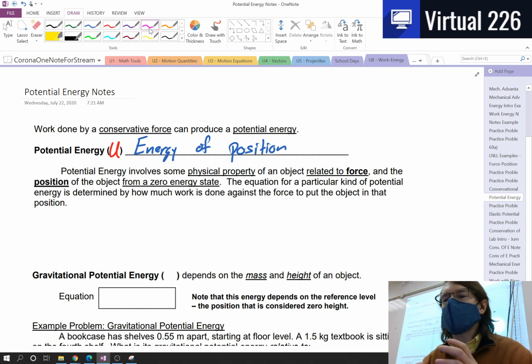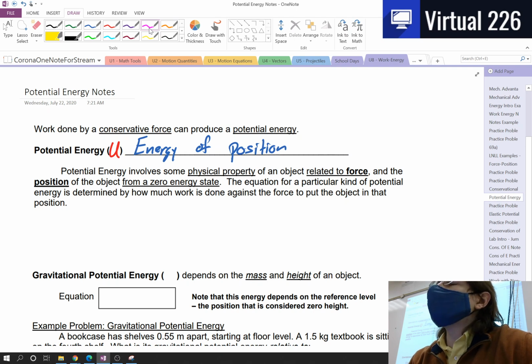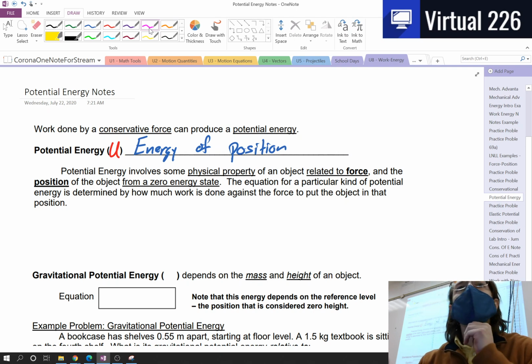In potential energy, it involves some physical object inside of a field. And what do we mean by a field? That's kind of a weird thing, because when you watch a movie, it's like activate force fields, and then things come up, right? That's not what we're talking about when we say fields. When we say fields, what we're talking about is something like a gravitational field. There is gravity all throughout the volume we're existing in.